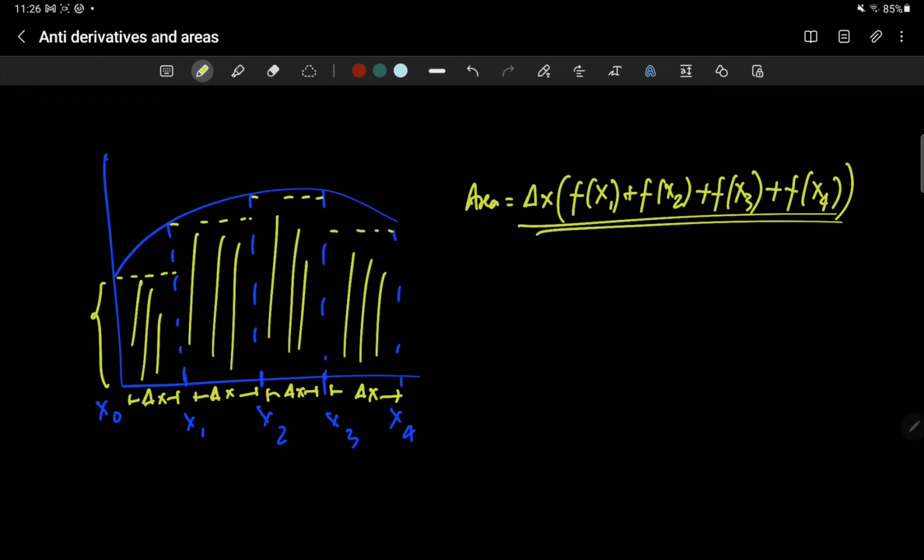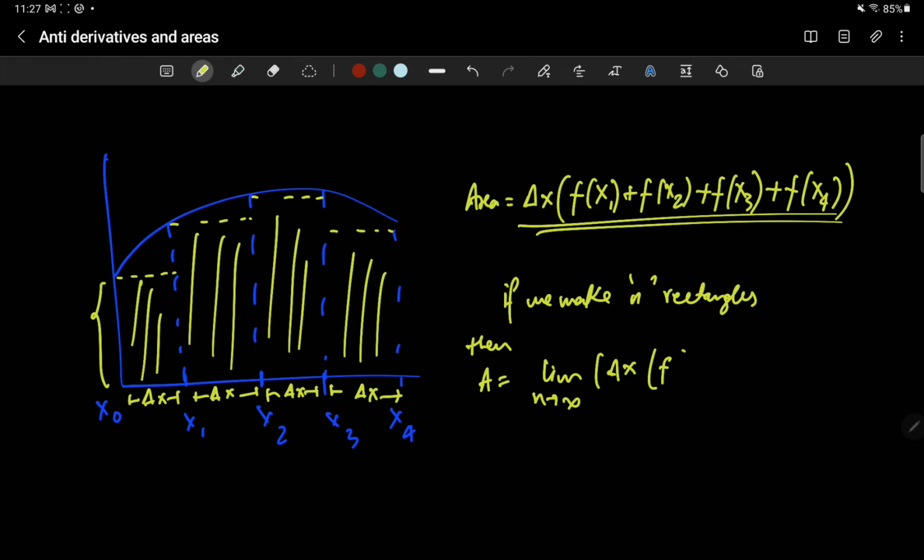And in fact, if we make n rectangles, then the area is going to be the limit of delta x times f of x1 through f of xn.